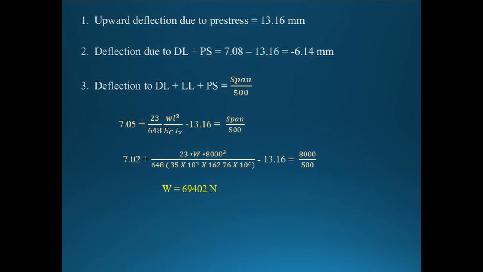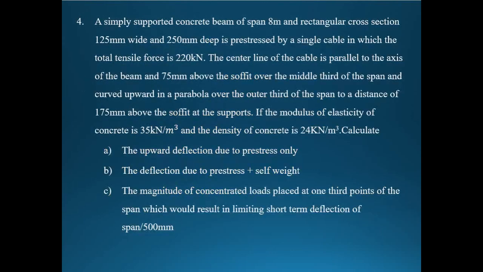Next and the final question is the magnitude of the concentrated load placed at 1/3 point of the span, which could result in limiting short-term deflection to span by 500. Now we should take span by 500 and find out how much the concentrated load value is.